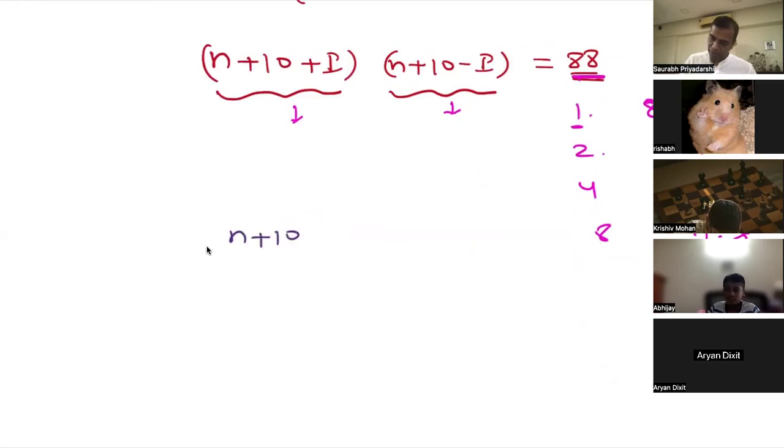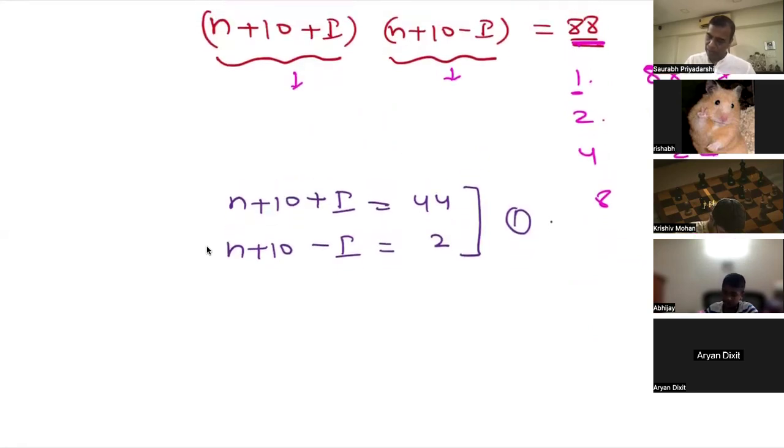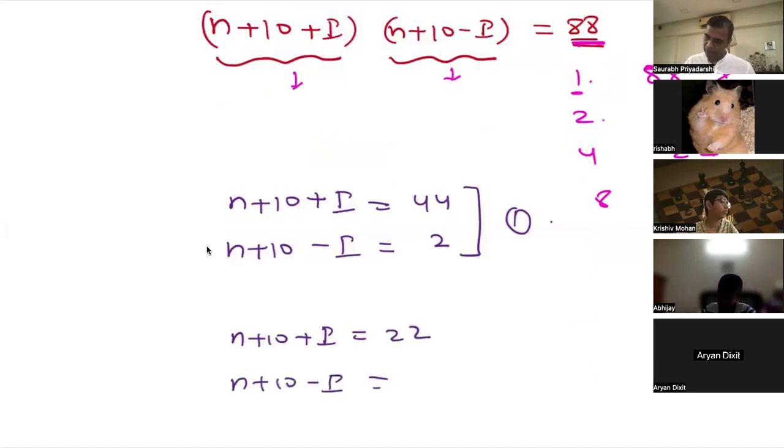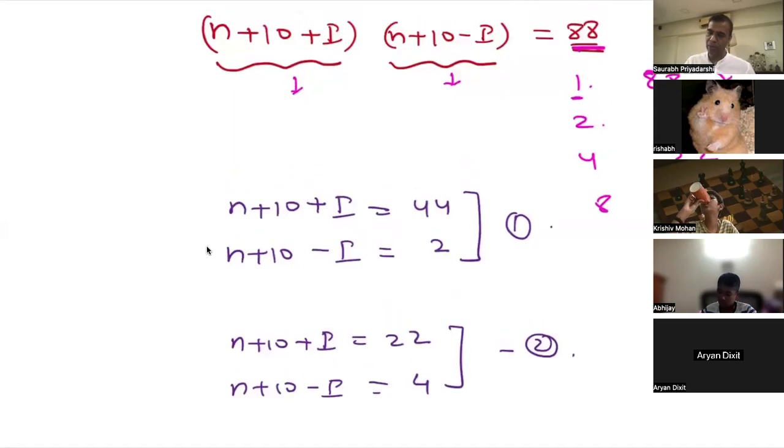The possibilities are only these. When n plus 10 plus I is 44, then n plus 10 minus I is 2. And second, n plus 10 plus I is 22, then n plus 10 minus I is 4. Now we have to solve both equations.